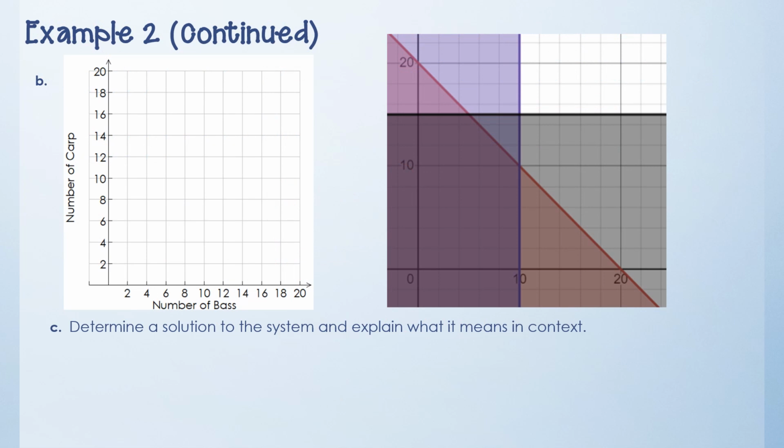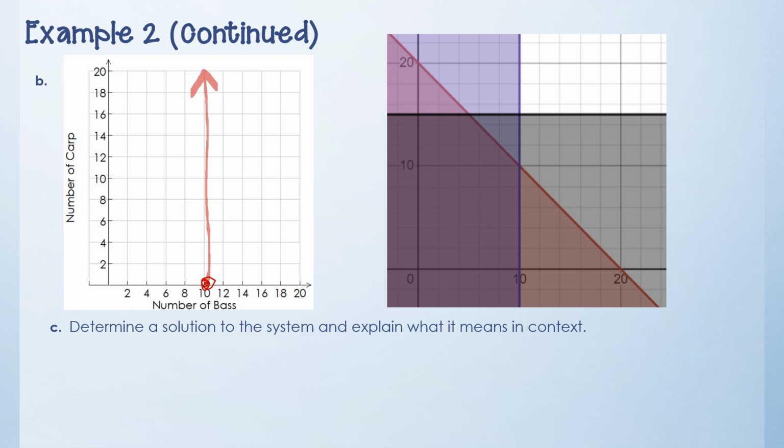So to graph this, I'm going to start with the X and Y axis again with my vertical and horizontal lines, just in terms of how many bass I can get and how many carp I can get. So the first one for the X axis, that was the number of bass. It needed to be less than or equal to 10. So I'm going to put a point at 10. Try to make that more straight.